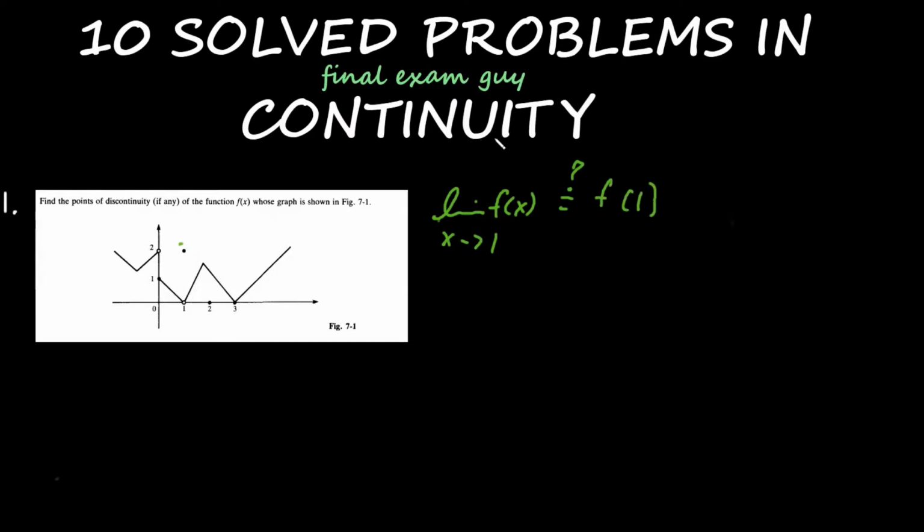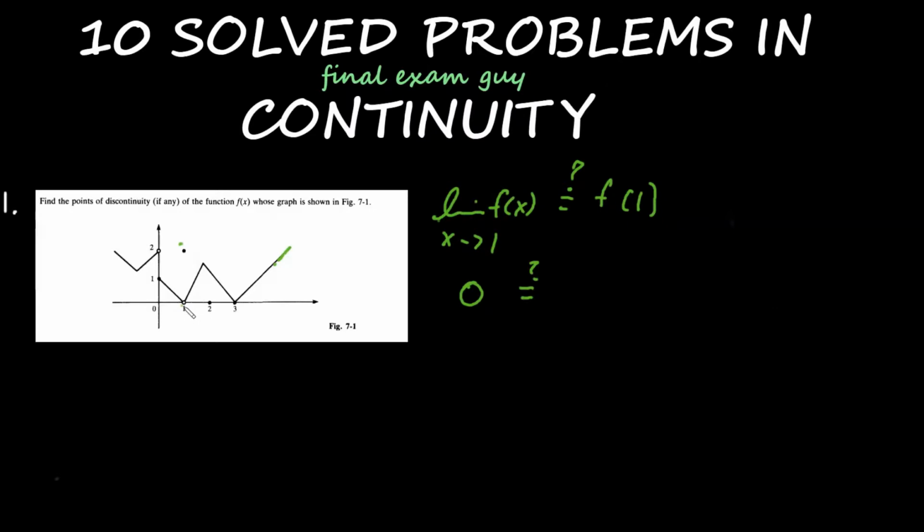So if you take the limit as x approaches 1, what you do is you follow the function as it approaches 1, and you see that it approaches 0, right? Because on the function the y value is 0, so we get 0. And does this equal plugging in 1 into our function?